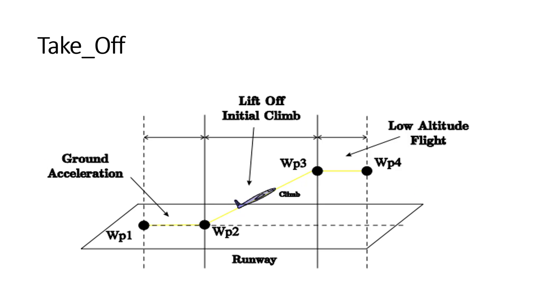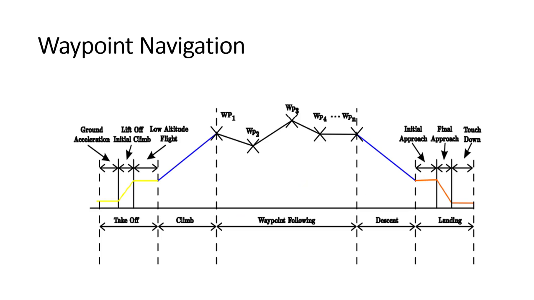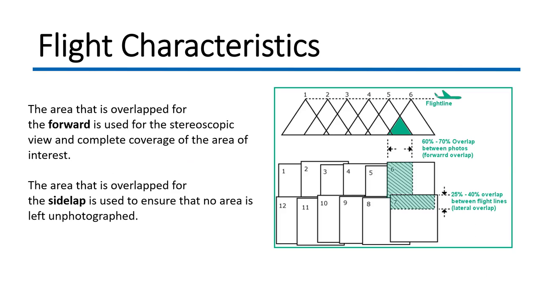Once it reaches that height, the next thing we have to do is to navigate the aircraft to the various waypoints of interest whilst capturing our images. And finally, a few characteristics regarding how we're going to apply some simple principles like overlaps and side overlaps.